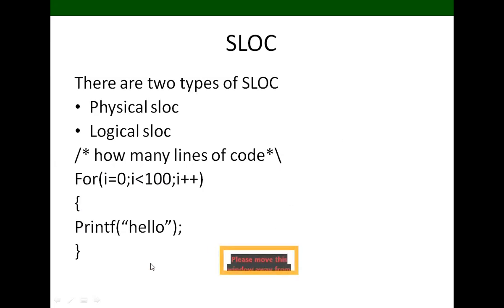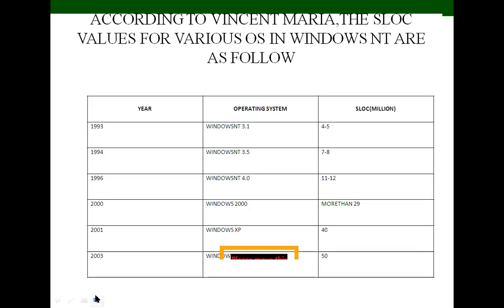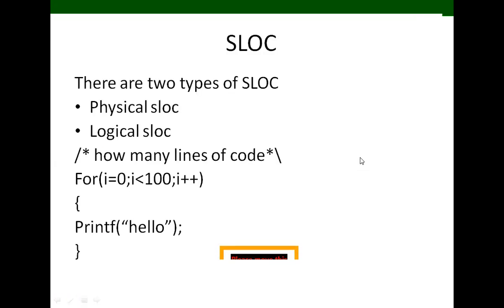This is about SLOC. Already explained about SLOC, what is physical SLOC and logical SLOC, in the previous class. So many models such as COCOMO use SLOC as a parameter to calculate the effort for the project.